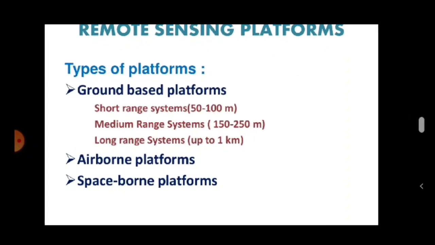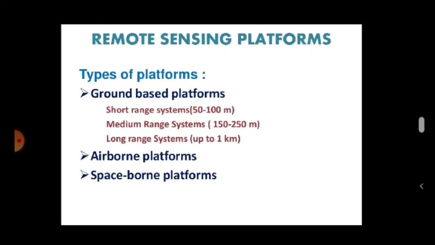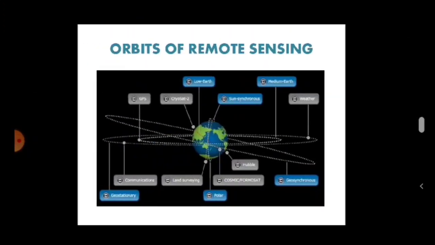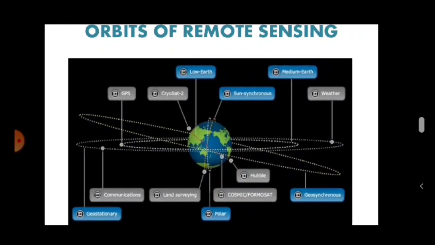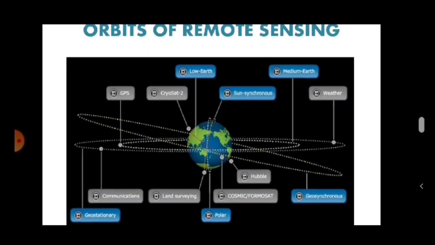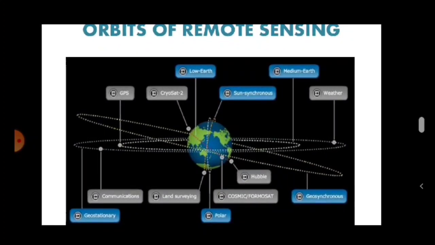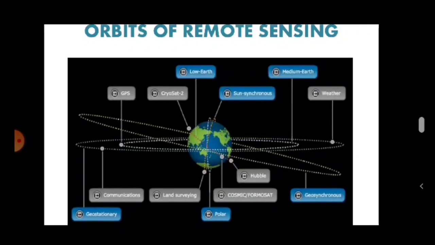Then we come to remote sensing platforms. Before that, I will have a further look and a discussion about what I've said earlier. As I said, an orbit is the path taken by a celestial body or a satellite moving at a constant speed around another celestial body, in our case the Earth.